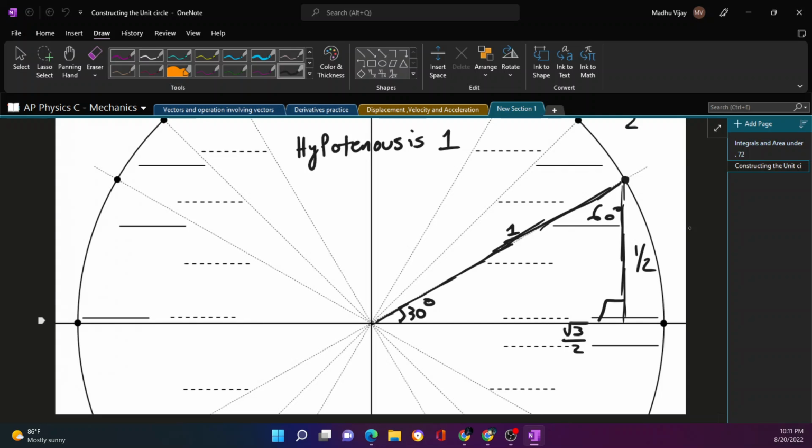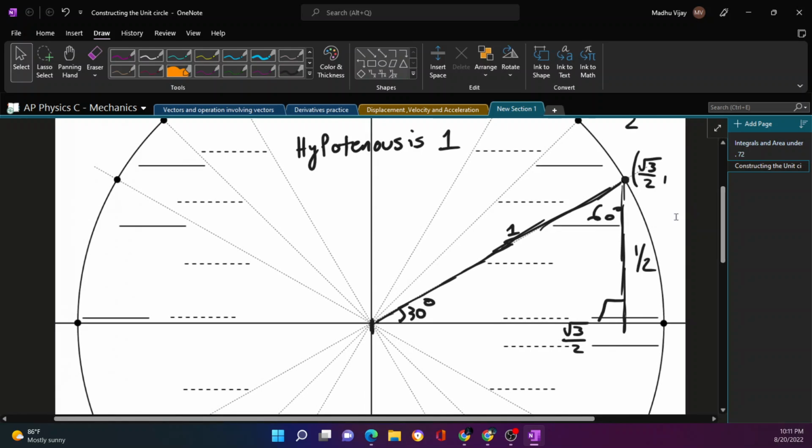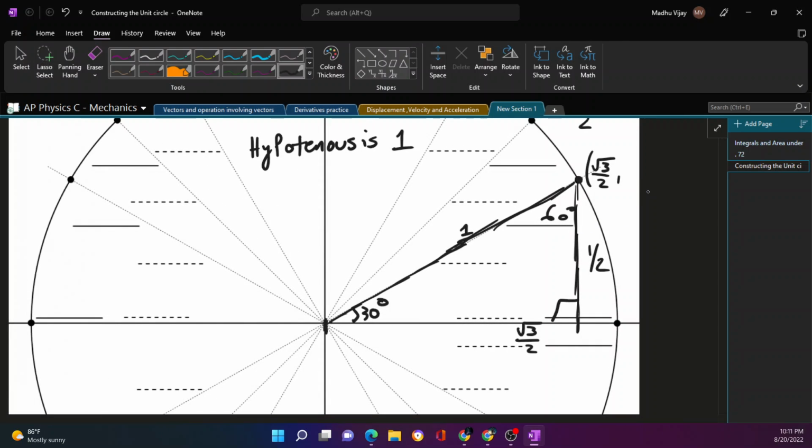The x value would be just the base of the triangle, and we know that length is square root of 3 over 2. The height is 1/2, which is the y value of this point. So that point is square root of 3 over 2, comma, 1/2.